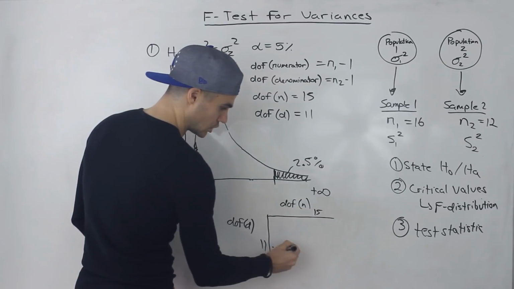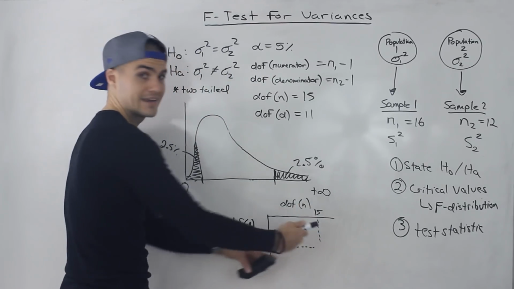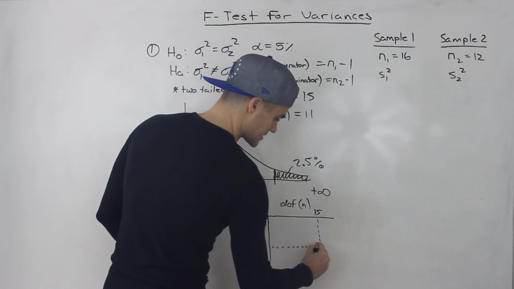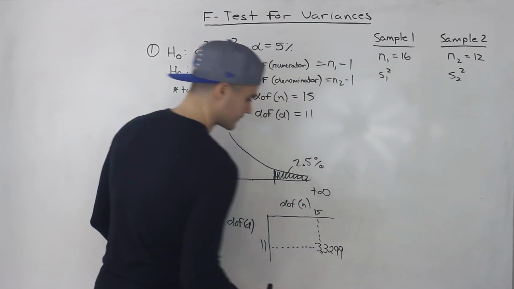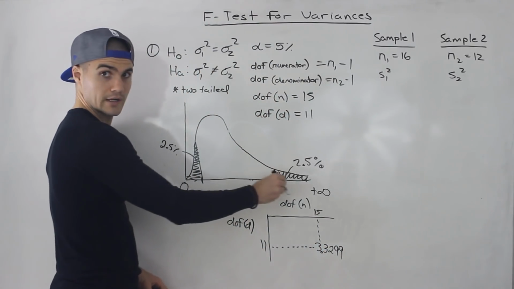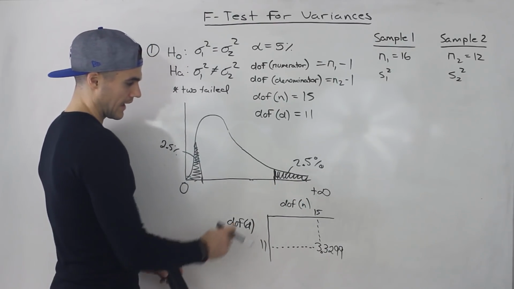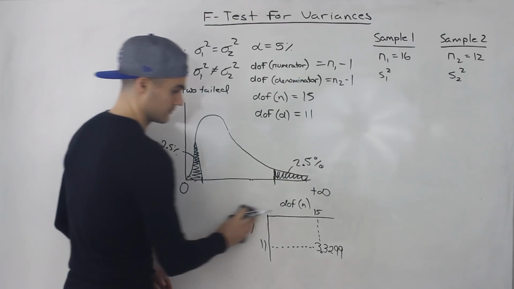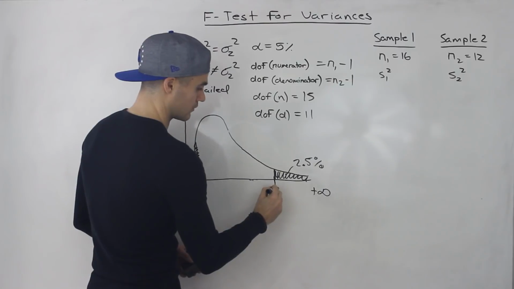And you basically look for that value that connects those two. And the value in the table, as you'll see, is 3.3299. Right? Make sure you're looking at the right table, that upper area of 2.5%. And so that is going to be this value over here. So that's going to be that upper critical value.